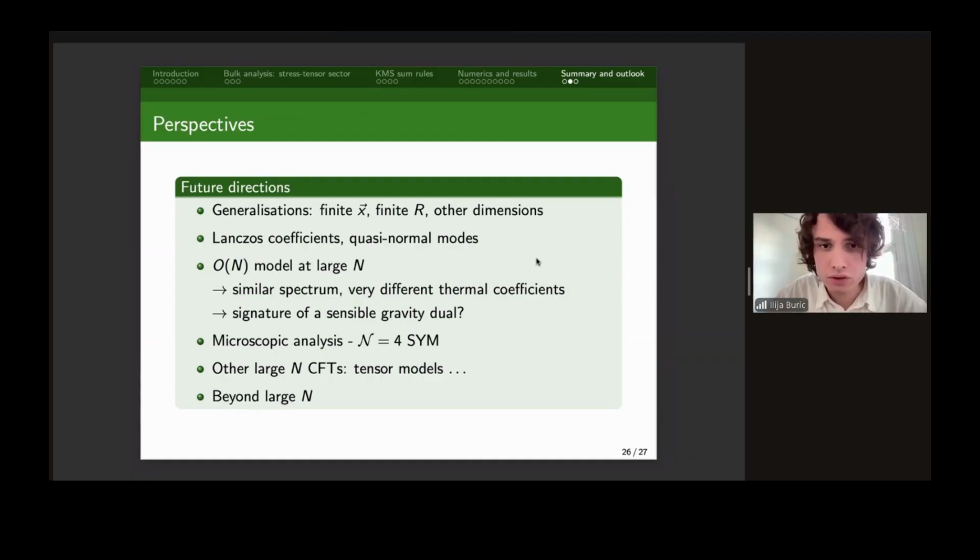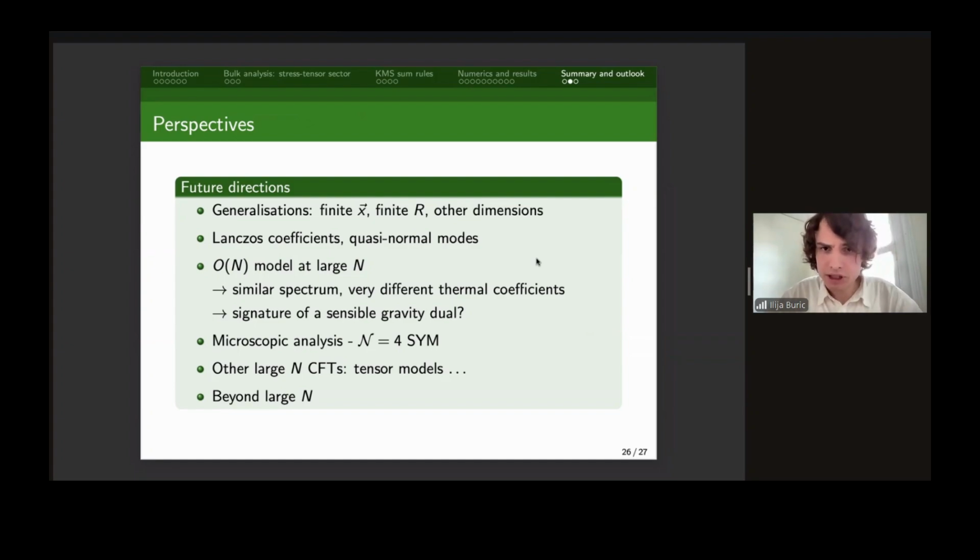And then if you go to finite volume or consider geometry as R times S^(d-1), these types of analysis should give you access to actual flat space Schottky coefficients, which I imagine would be technically considerably more difficult, but it's still probably doable.